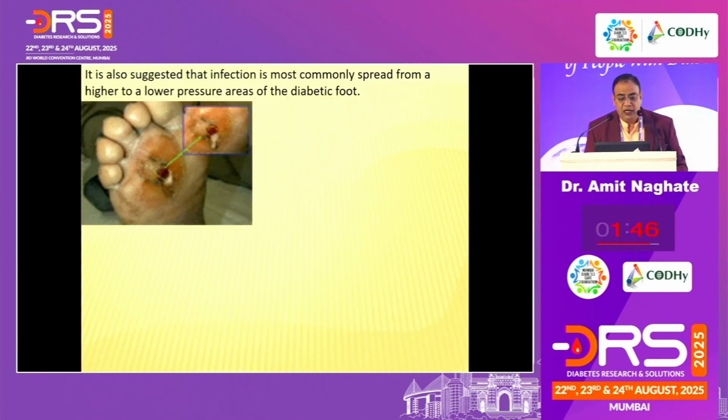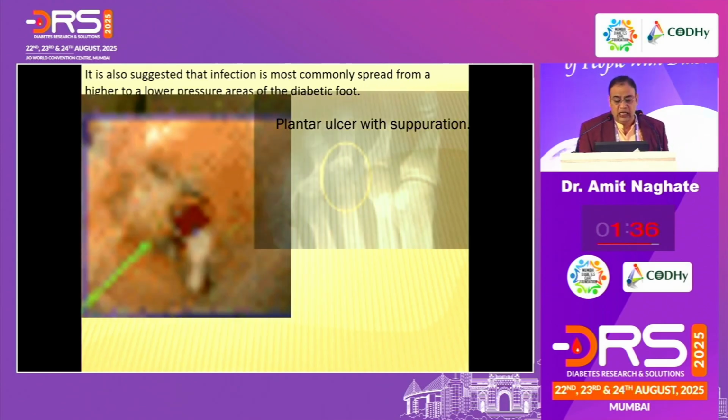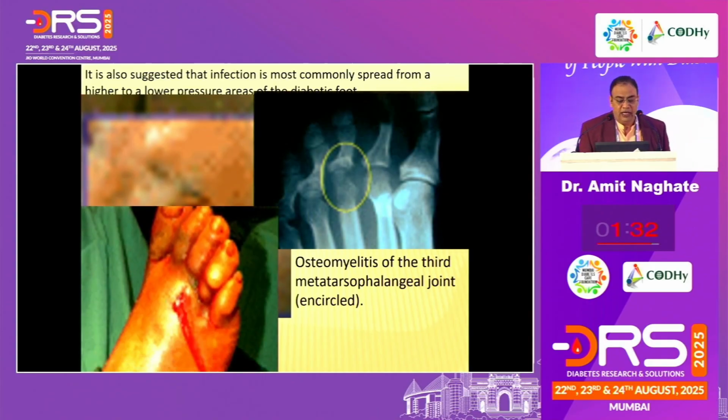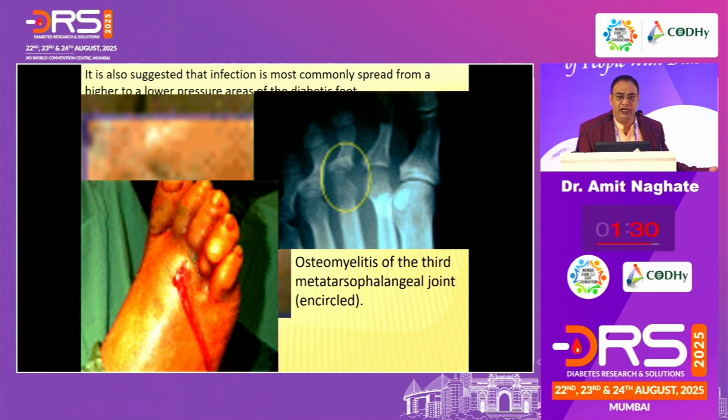This is another way where a lower pressure area is infected from a higher pressure area. This is a high pressure area while we walk. And this is osteomyelitis of the third metatarsal head, as it looks dorsally. So the infection spreads from the high pressure area to the lower pressure area.